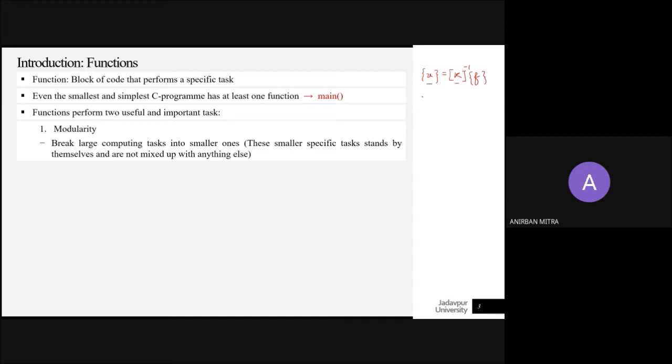A code block or a subprogram can be written to perform matrix multiplication. So like this, you divide the entire complex problem into certain small modules, and you can develop codes for these individual modules. So that is what is introduced through modularity.